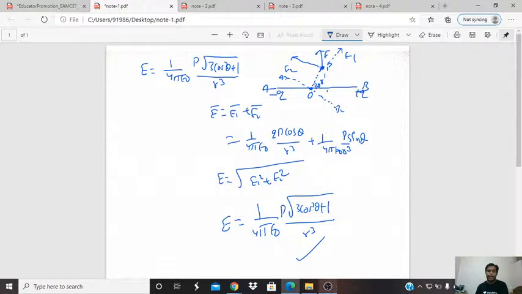This is the field at any point. Suppose on the axial line theta equals 0, cos 0 is 1, 3 plus 1 is 4, root 4 is 2, so 2p by r cube. For equatorial, theta 90, it is p by r cube. Like this we get that.